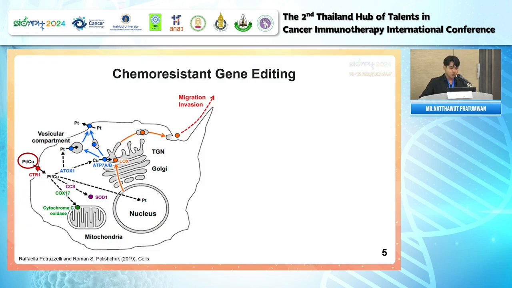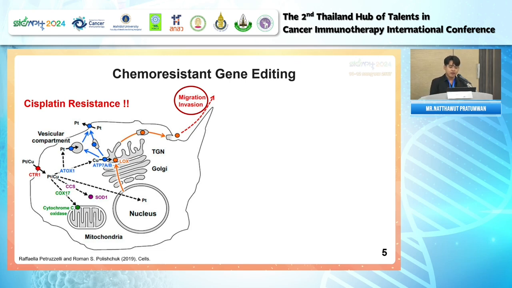Today I will give one example of a cisplatin resistance mechanism, which is cellular drug accumulation. This figure shows the journey of cisplatin, beginning with entering the cell until it is exported out of the cell. Firstly, cisplatin enters the cell through CTR1, the drug importing protein, and then it is exported by the cisplatin exporting proteins ATP7A and ATP7B, located on the Golgi body, and then exported out of the cell, which causes the decrease of cisplatin.